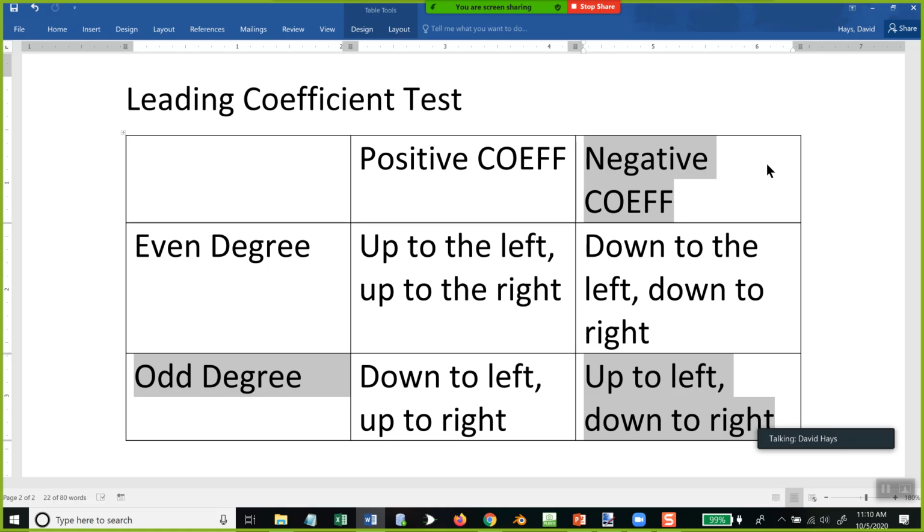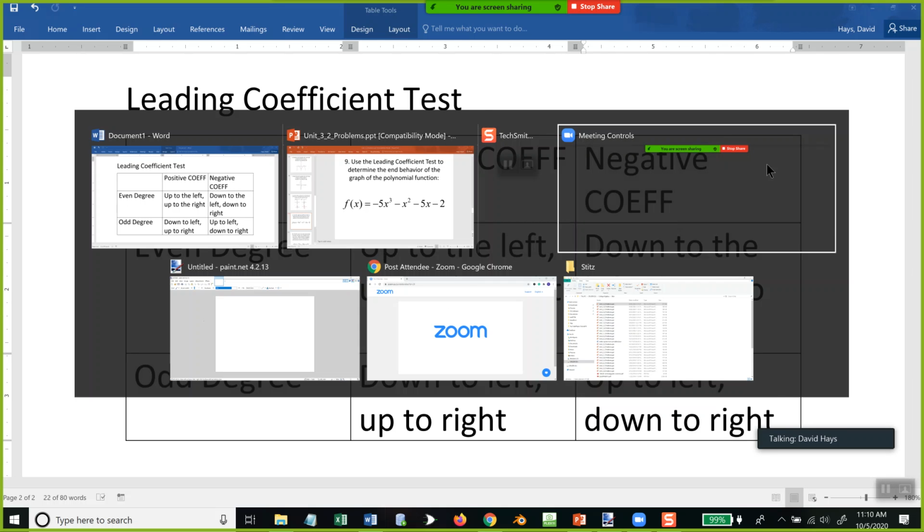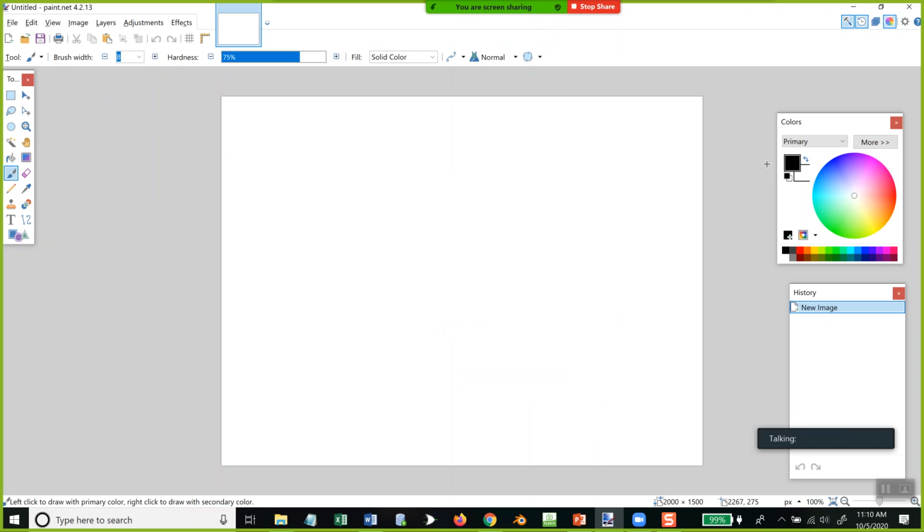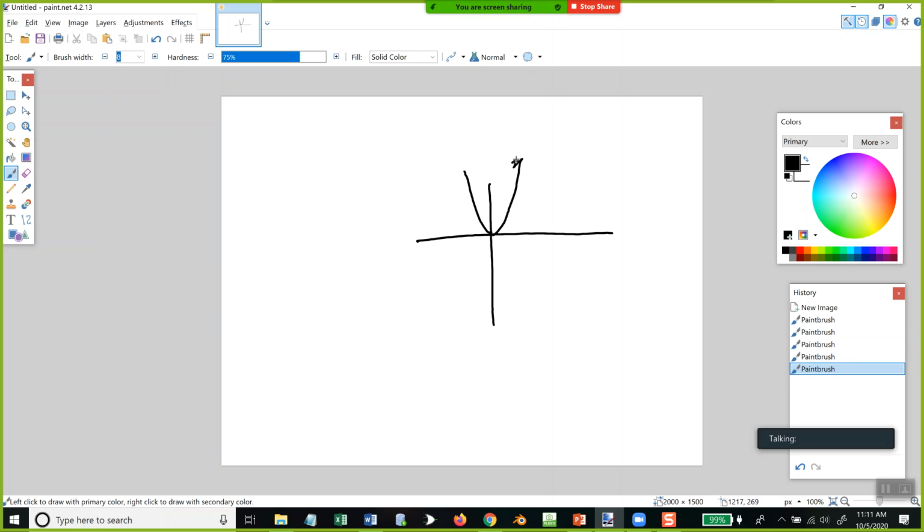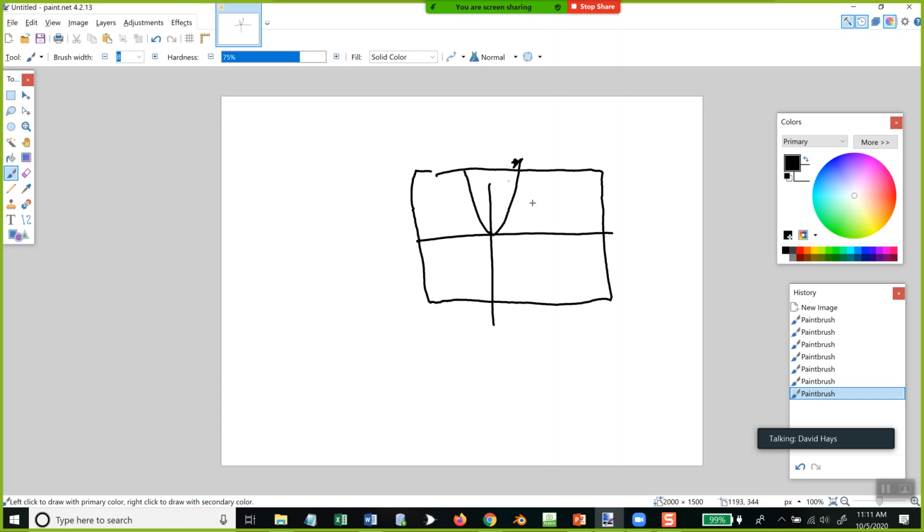I said it's semi-important if you're using a calculator, because if I were to graph it, and let's say this is what my calculator shows me. It doesn't show me the arrows, but that's what my display shows me.